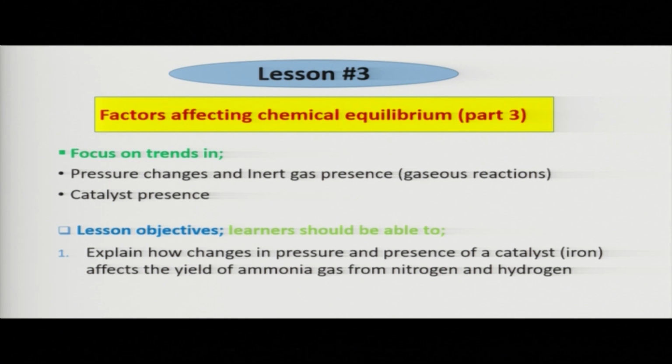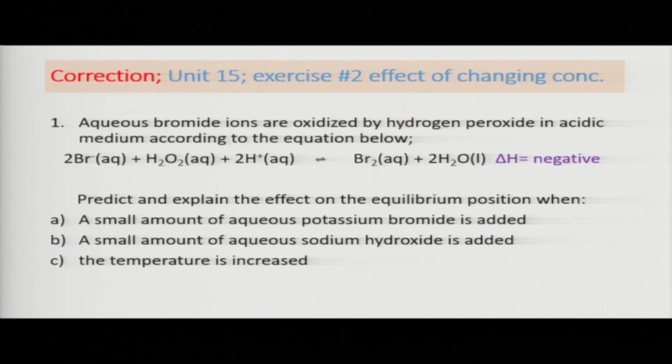So briefly, in a previous lesson, we looked at how changes in concentration affect the equilibrium. Then we used changes in the concentration of sodium hydroxide with regard to the dichromate-chromate equilibrium.